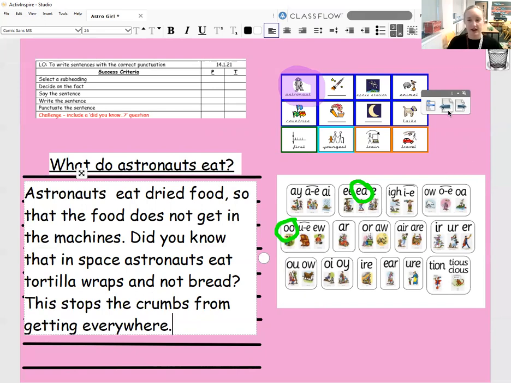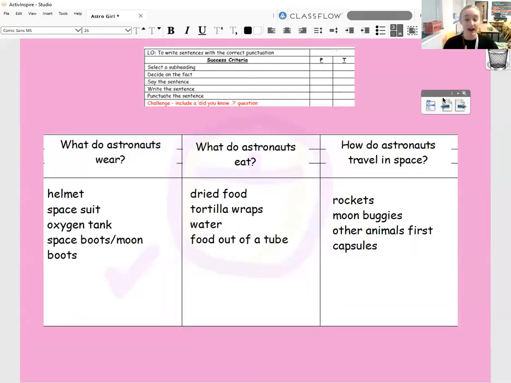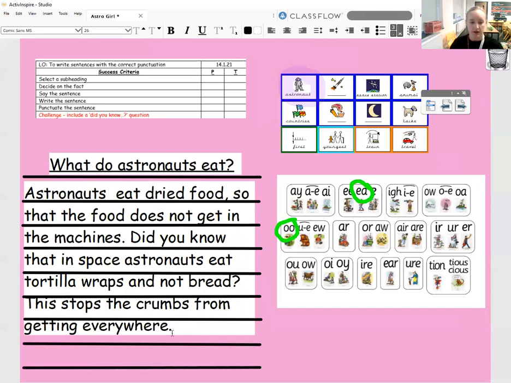There's one fact that I've not included that Astrid told us in the story. And here you can see that she was saying that they squeeze food out of a tube. Okay, so we've got to get that in there somewhere. And I want to use that word squeeze that we've just been looking at in our vocab blast.